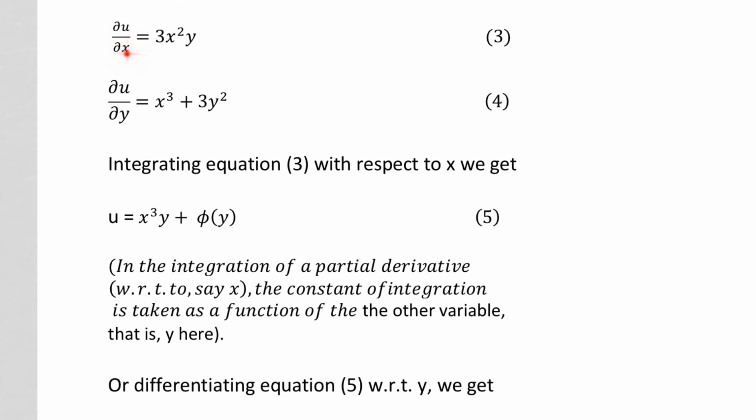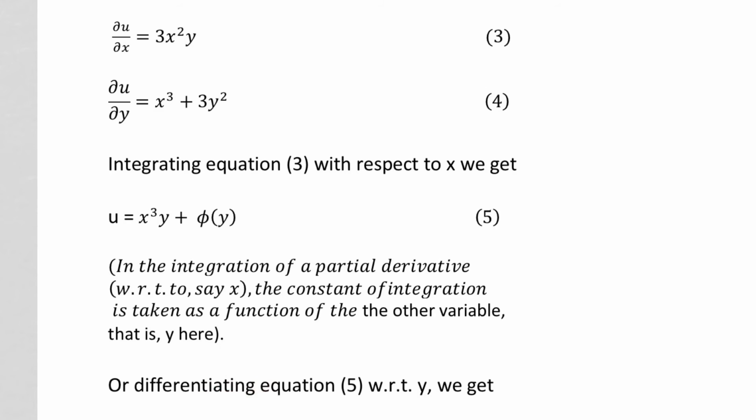partial u over partial x is equal to 3x square into y, and partial u by partial y is equal to x cube plus 3y square. Integrating equation 3 with respect to x, we get u is equal to x cube into y plus phi of y. In the integration of a partial derivative with respect to x, the constant of integration is taken as a function of the other variable, that is y, as taken here.